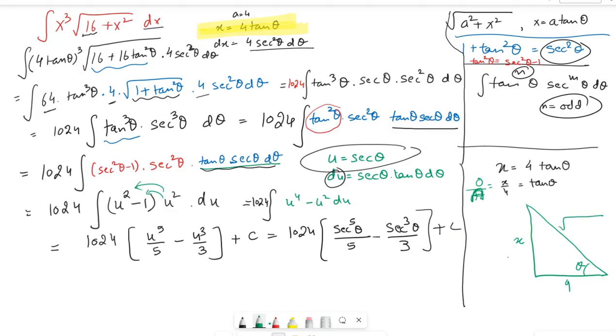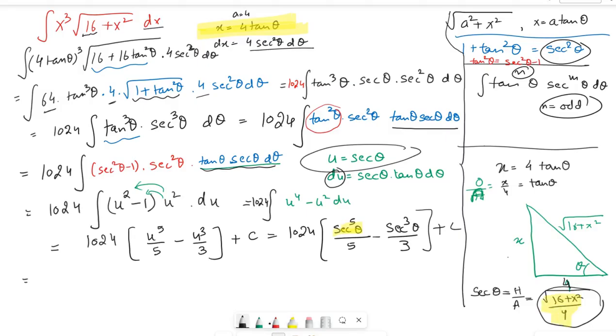So the hypotenuse would be the square root of the sum of the squares of the two legs, which is the square root of 16 plus x square. From here, we can find secant theta. Secant theta is hypotenuse by adjacent, so square root of 16 plus x square by 4. So we can replace wherever there is secant theta by this expression.